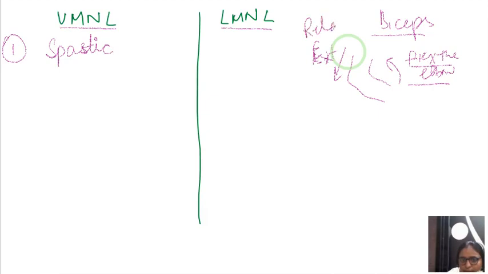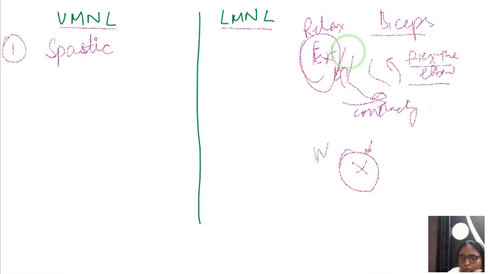If the flexors and extensors are continually contracting, both of them are contracting, is the movement possible? Anyone? No, the movement would not be possible.